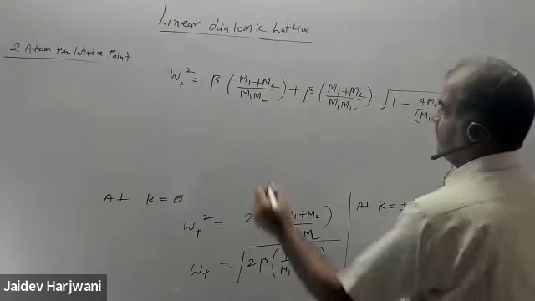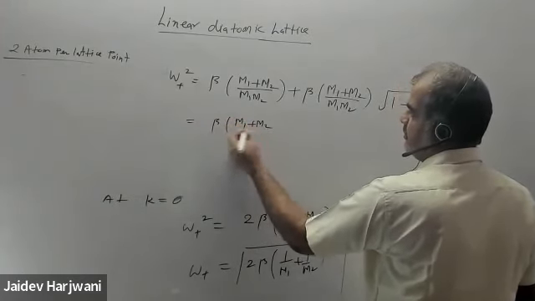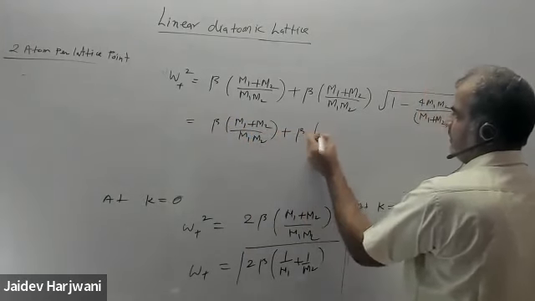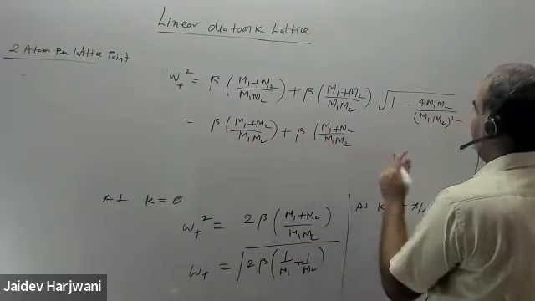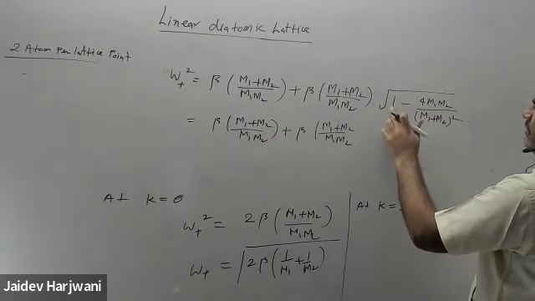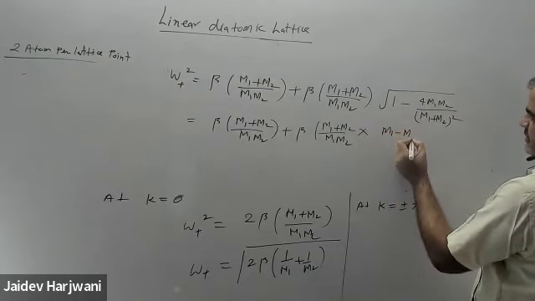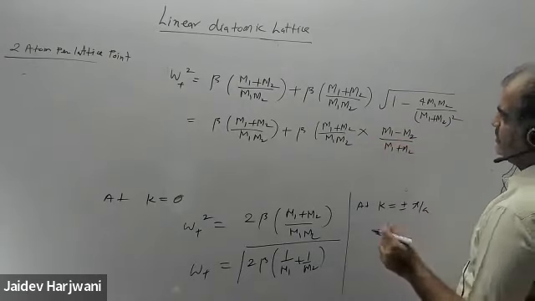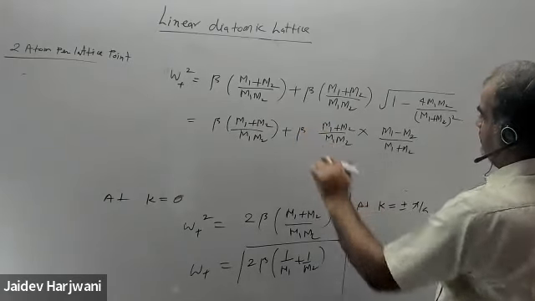This will become beta (m1 plus m2)/(m1 m2), plus beta (m1 plus m2)/(m1 m2) times the root, and this becomes m1 minus m2 whole square, doesn't it? Yes sir. Okay, is this correct?